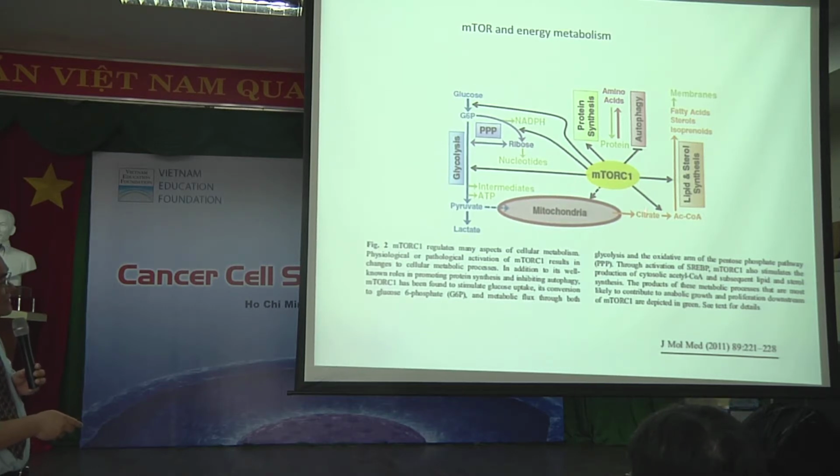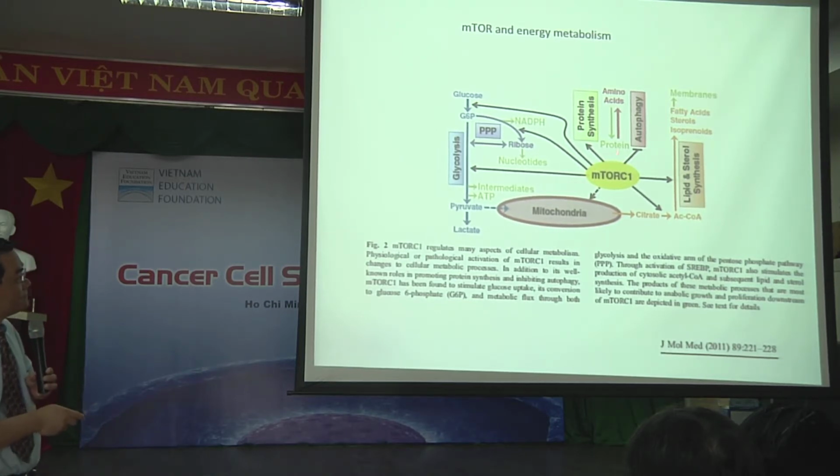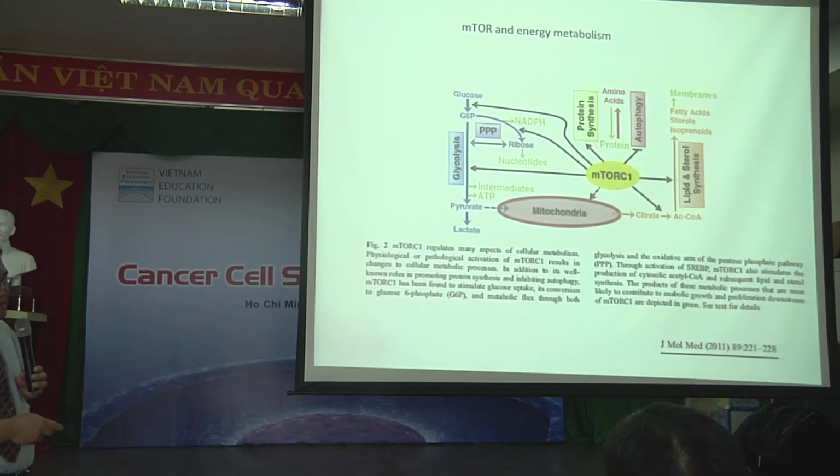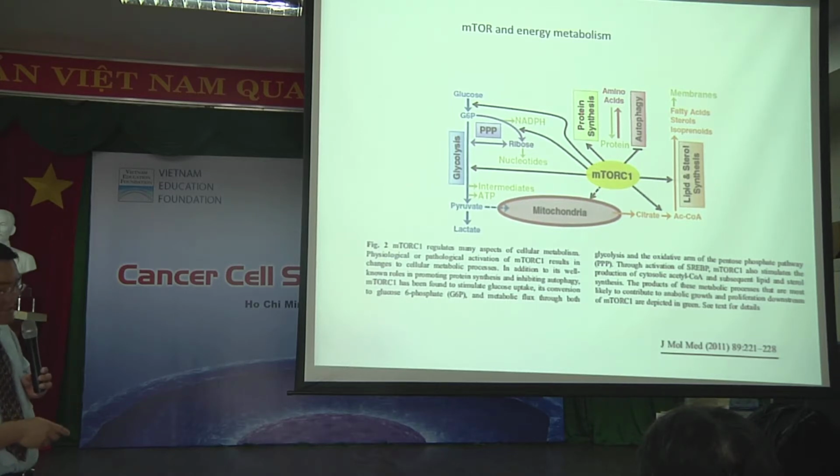The TCA cycle produces a lot of citrate. The acetyl-CoA will be used as a building block for making more lipid. Okay? So mTORC1 has something to do with how you increase your body weight. And then involving autophagy for the aging process, we could block the autophagy. Sometimes the cell needs an autophagy process to make more amino acids available as an energy source. Okay? But mTORC1 basically inhibits that process. mTORC1 promotes protein synthesis.